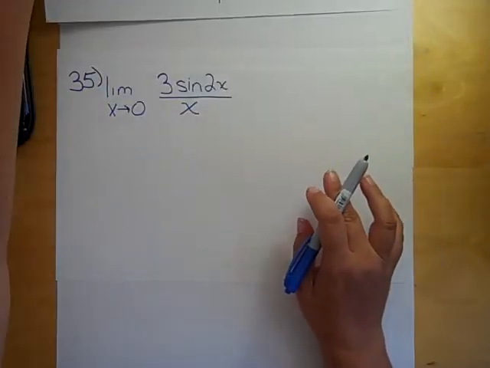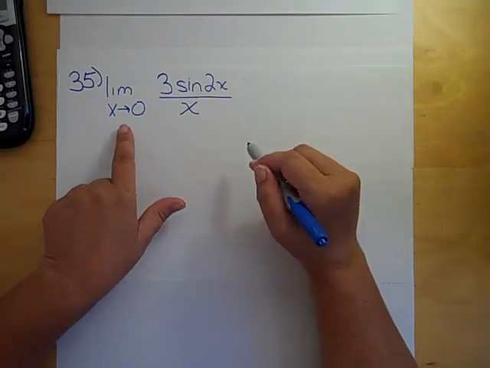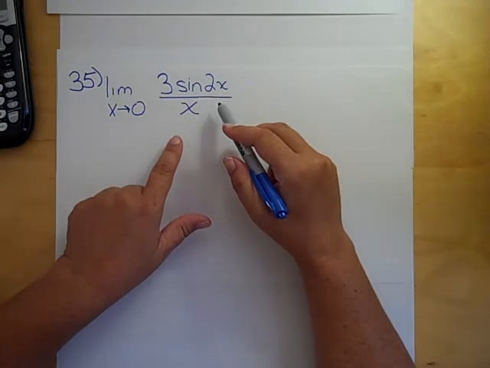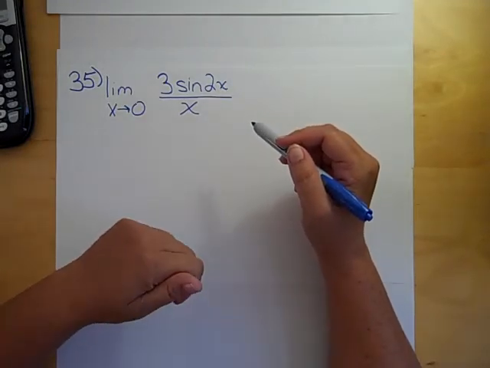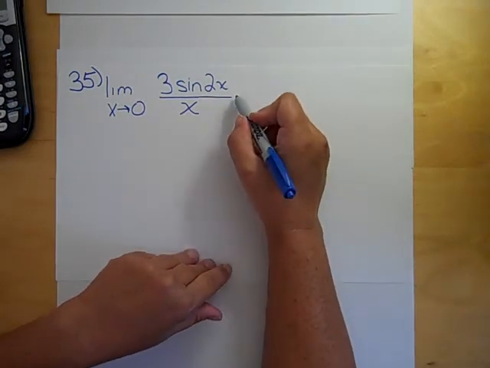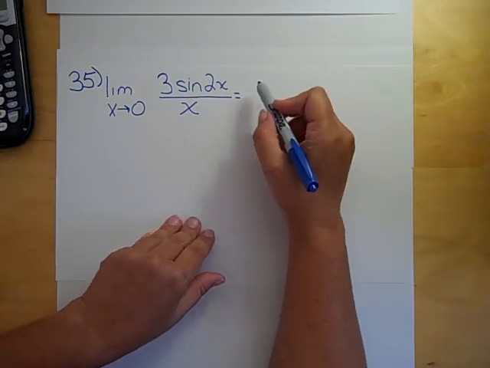Now if we look back at the problem we were given, we weren't given sine x over x, but we were given x is approaching 0, and we did get 0 over 0, which means we're going to have to find some way to work this, so sine x over x seems like our best choice. And we can do this simply by splitting this equation into some pieces.